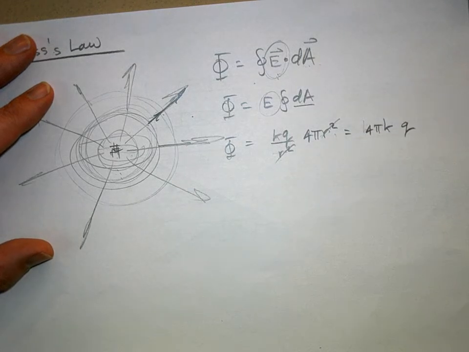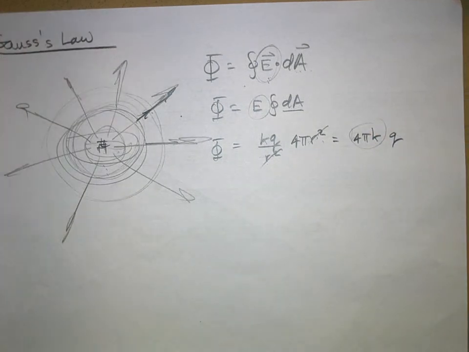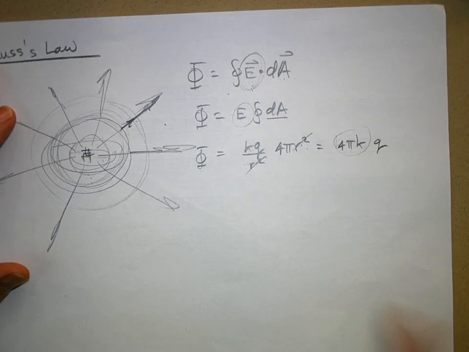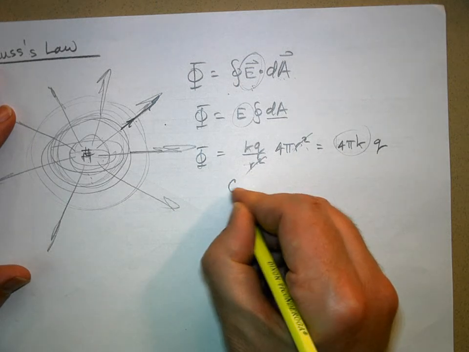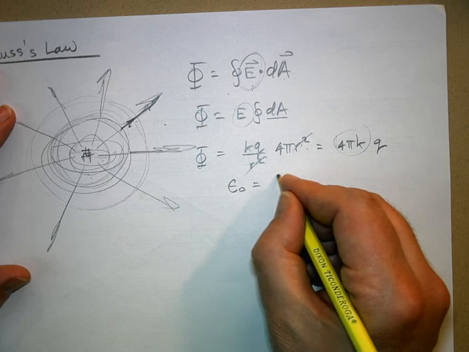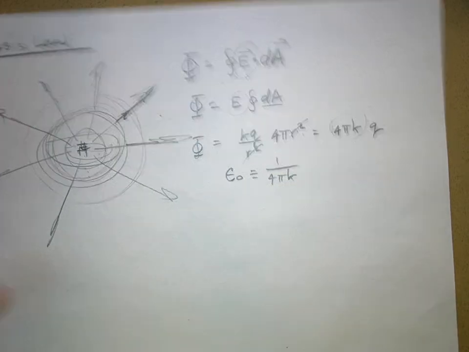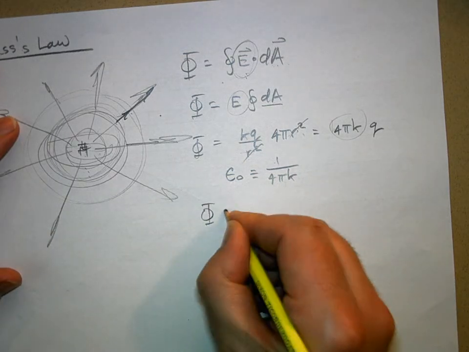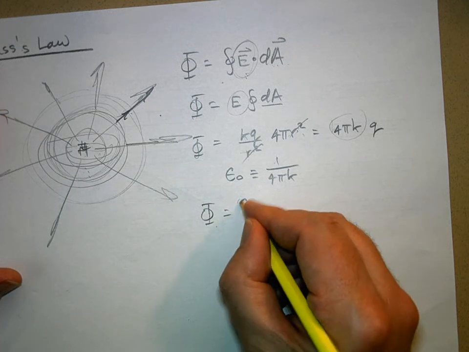And by the way, if you want to use this 4 pi k times Q, go for it. It's fine. But we do have this thing called the permittivity of free space, which we call epsilon naught, defined to be 1 over 4 pi k. That's by definition. And so the amount of flux coming out of there is equal to Q over epsilon naught.